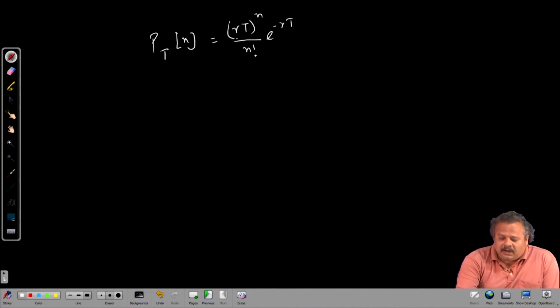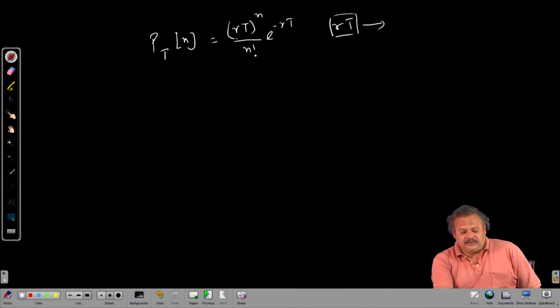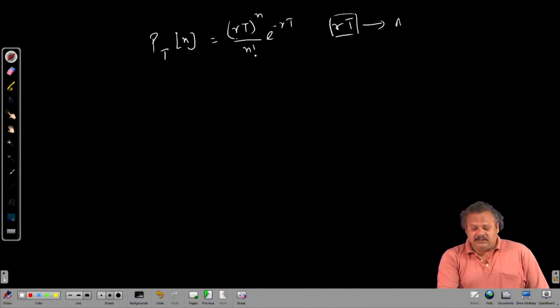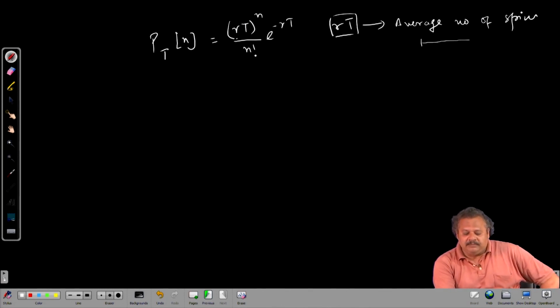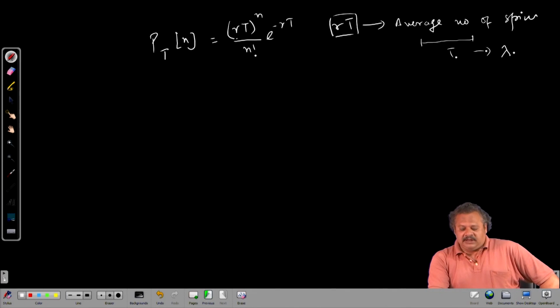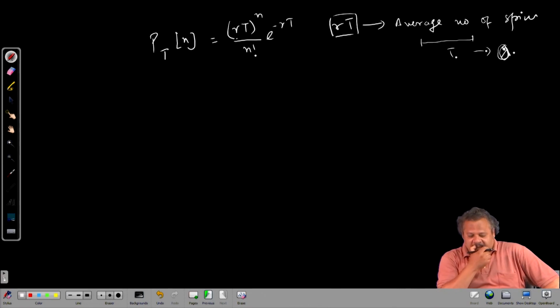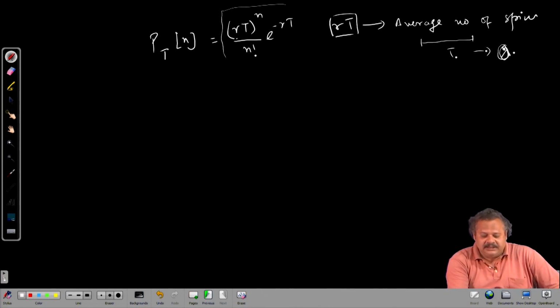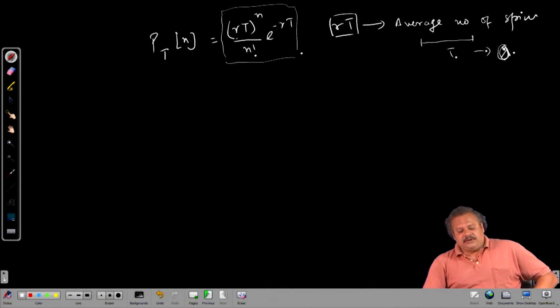Now note that rT is nothing but the average number of spikes occurring in the window capital T, or in fact it is the rate times the time window, and can be replaced by some spike count in that time window, and this basically represents the Poisson distribution.